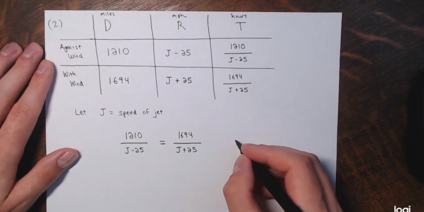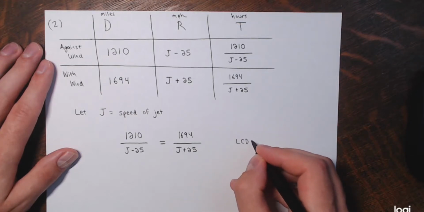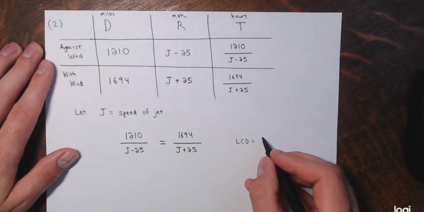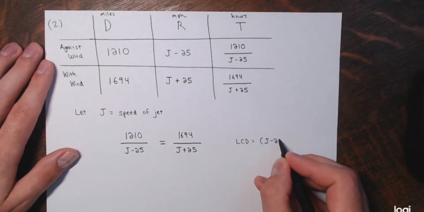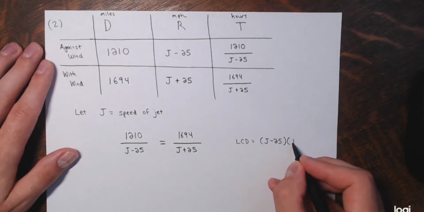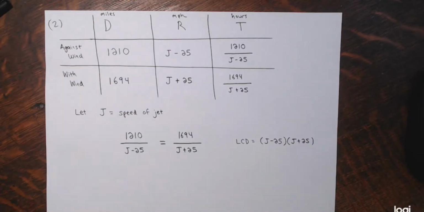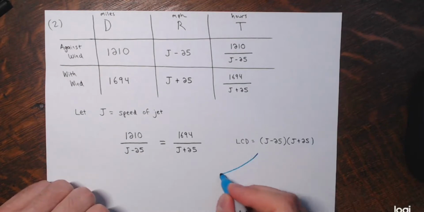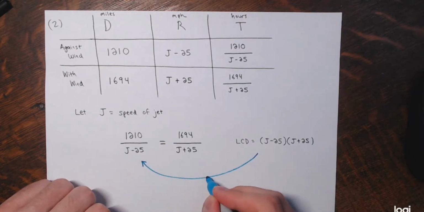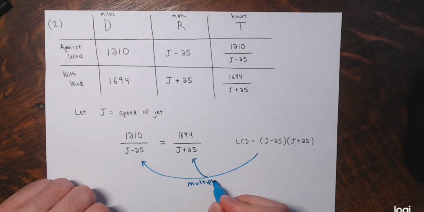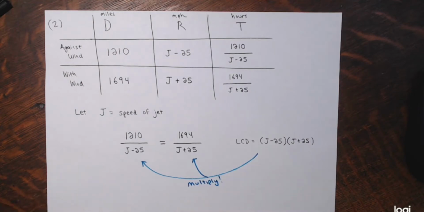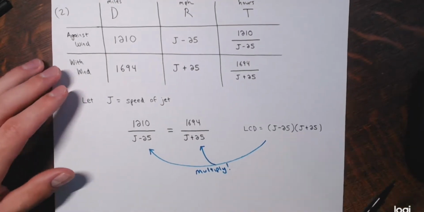Now the LCD, I hope you see it's obvious again here. The least common denominator is J minus 25 times J plus 25, and instead of actually writing it on both sides, I'm just going to say you multiply the fraction on the left and the fraction on the right by the LCD. The whole reason for doing that is to cancel the denominators.